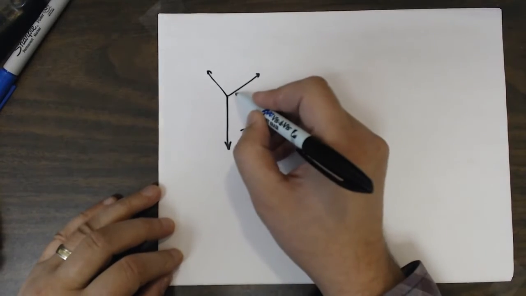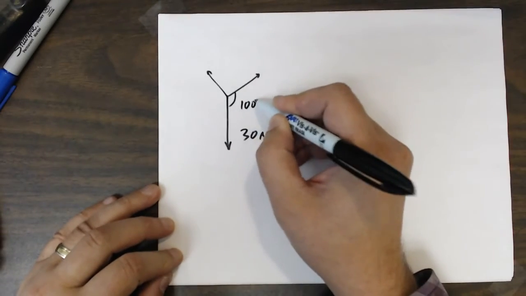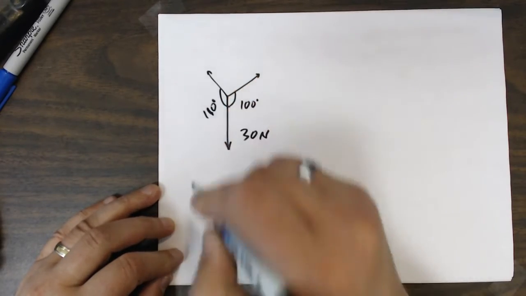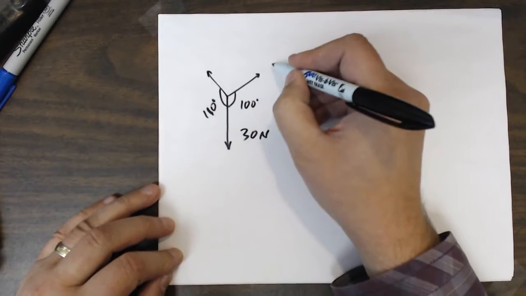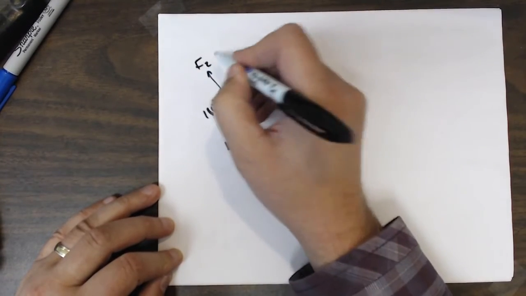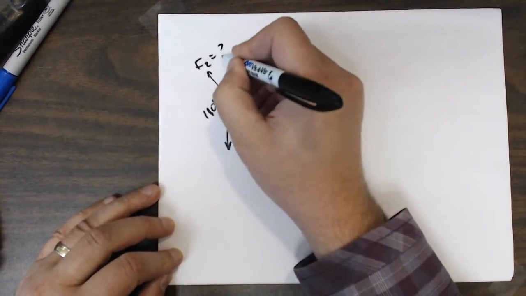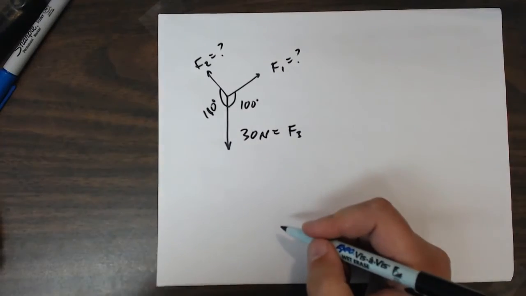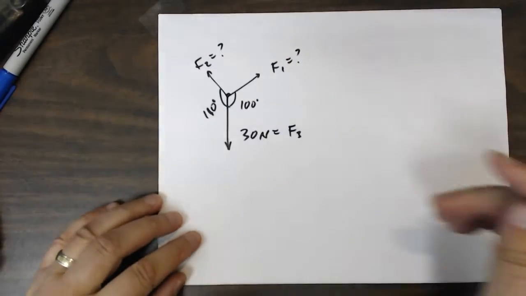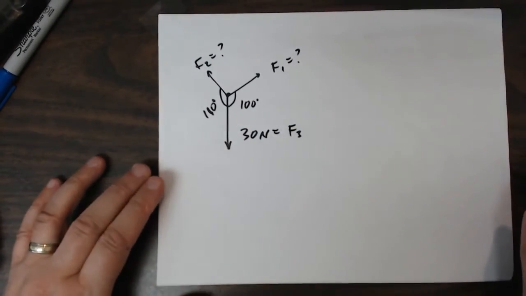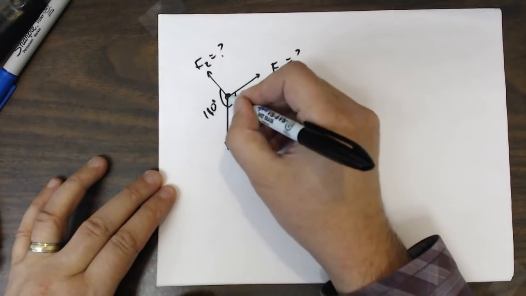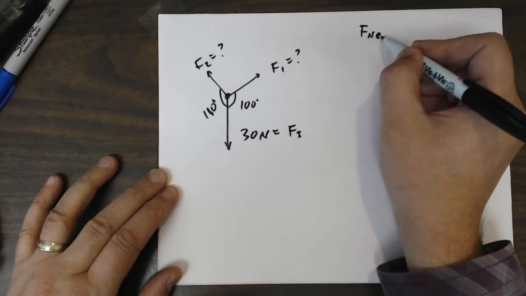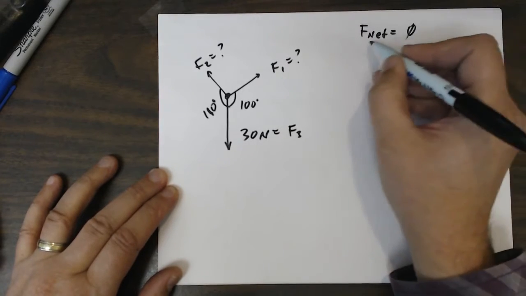We do know angles. Let's make same angles, 100 degrees here, 110 degrees here, and let's call them again F1, F2, the magnitude of these forces we are looking for. This is F3, and well, an additional condition is this object is in equilibrium, which means the net force has to be equal to 0.